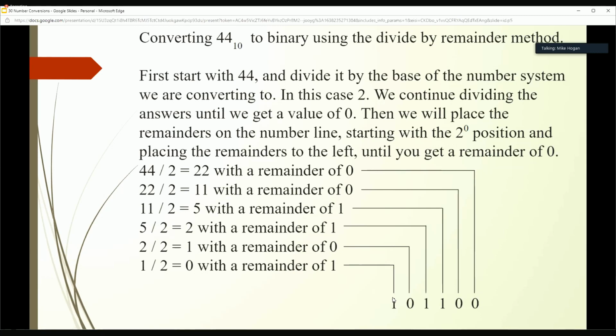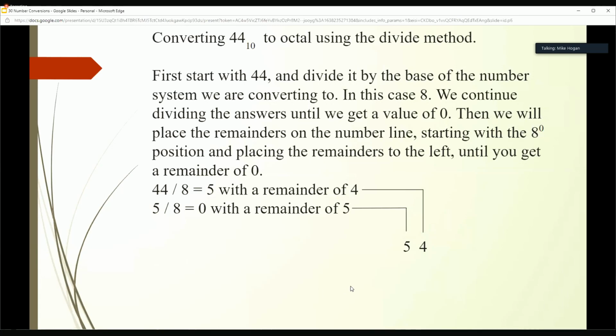For 44, the biggest number that will go into it on this number line is 32. The next number is 64. So what I'm talking about is really 32 plus 8 plus 4. 32 plus 8 is 40, plus 4 is 44. And we'll do it that way as well.